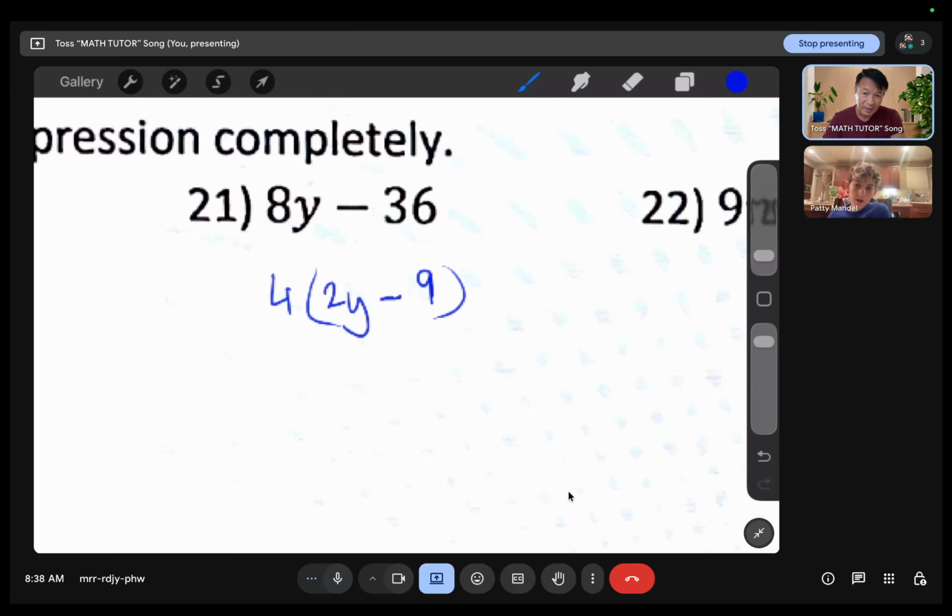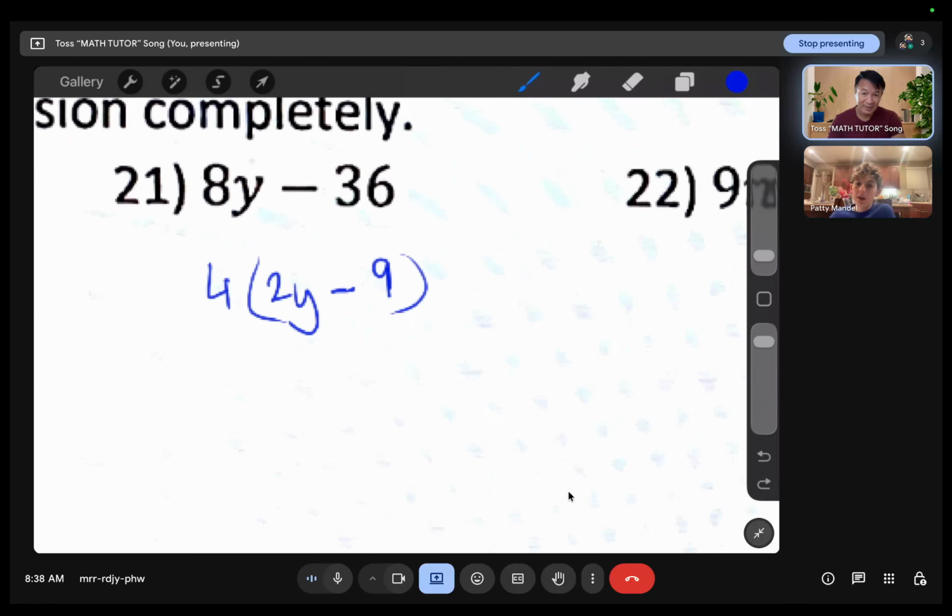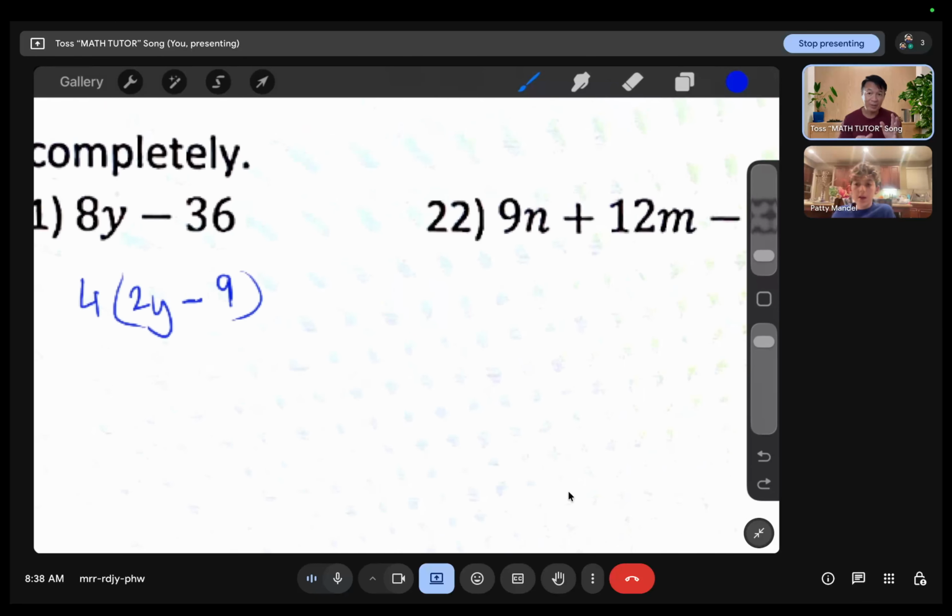I was thinking this may be something else, that you may have to pull out the 8 as the GCF, but no, 8 cannot go into 36, right? Let me double check, right? Yeah, it can't go into 36. Anyway, we'll come back because I want you to pull out a non-GCF, a CF. But we'll see.